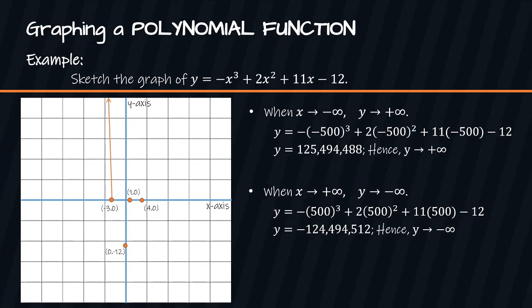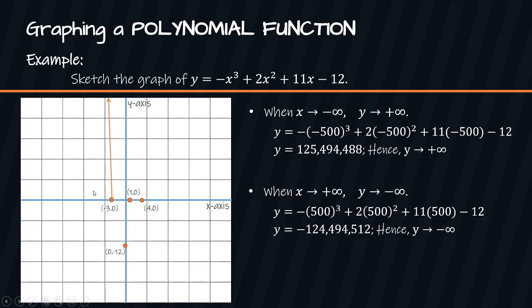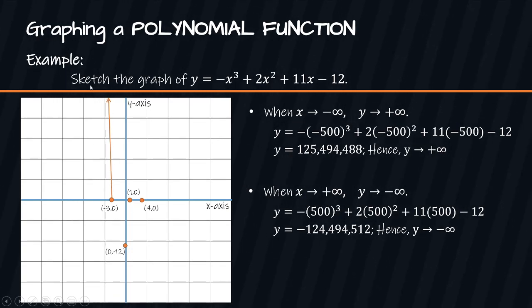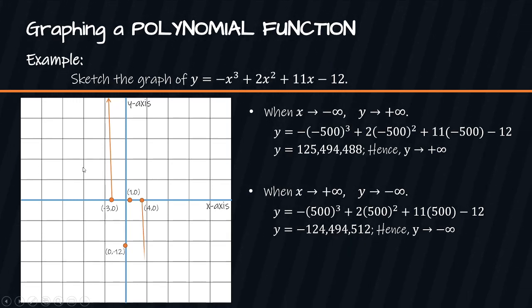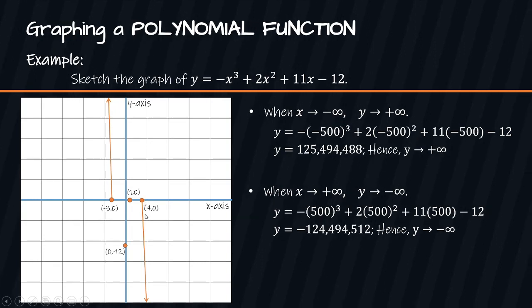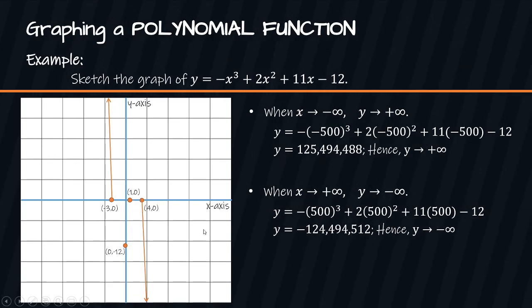So as it moves along the negative horizontal axis, it approaches the positive vertical axis. On the other hand, when x approaches the positive x-axis, it approaches the negative y-axis. So that's how we draw that one.